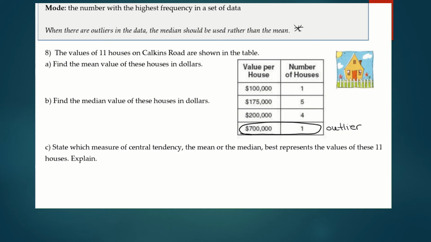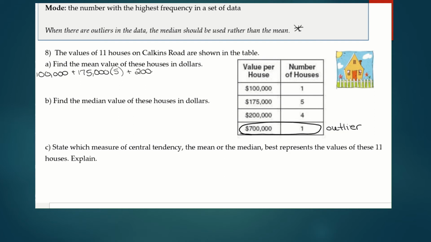So the first thing we're going to do, 8A, asks us to find the mean value of these houses in dollars. So mean, remember, is average. I'm going to take, and you can plug this right into your graphing calculator this exact way if you would like, $100,000, and there's only one house that has that value, plus $175,000, and I'm going to multiply that by 5. I'm going to put the 5 in parentheses because technically there's 5 houses at that value.